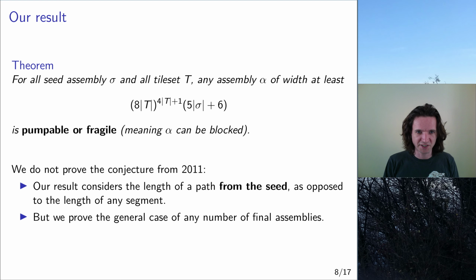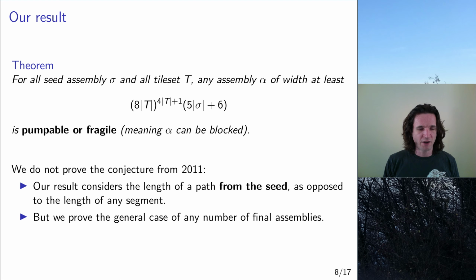But you can notice that sigma appears in the bounds, which makes it slightly different from the conjecture from 2011, because our result considers the length of a path from the seed, as opposed to their conjecture, which was stated in terms of the length of any segment along the path. So our result is slightly weaker in that sense. But we proved the general case of any number of final assemblies, whereas their conjecture was stated in the case of a single final assembly.